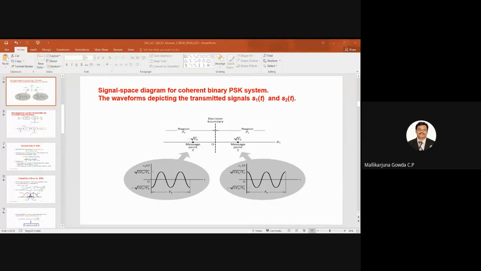And what I am asking here is, what are the possibilities of making a wrong decision? Is it possible to think and say? 1 by 2. 0.5. I am not able to hear. Pardon?